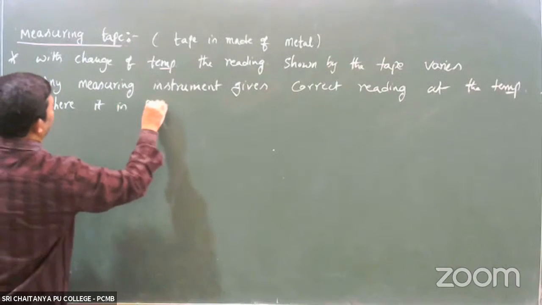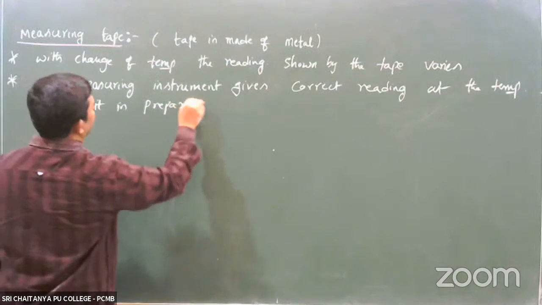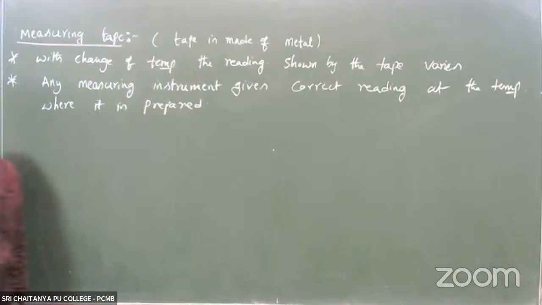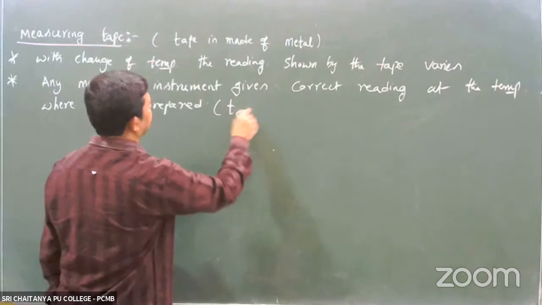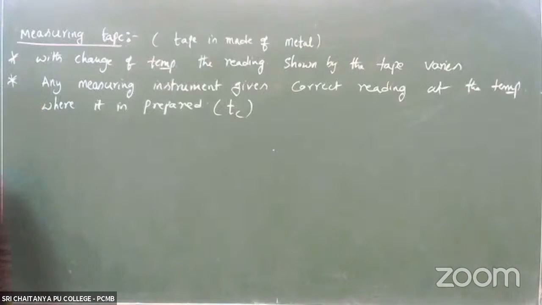That temperature you call the calibrated temperature. The temperature where it is prepared, I am taking it as TC, the calibrated temperature. So it gives the correct reading at TC. Right?